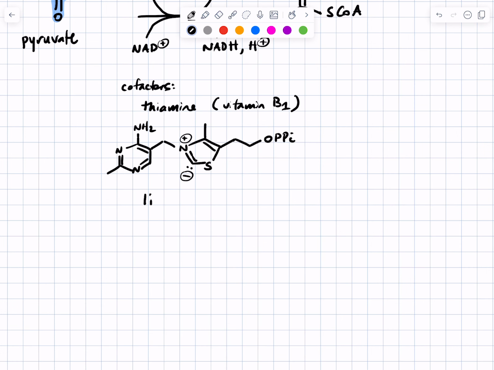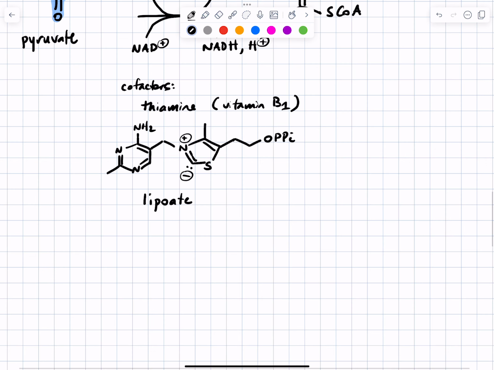Second cofactor is called lipoate. This is also kind of weird. It's got a 5-membered ring with a disulfide in it, and then a hydrocarbon chain with a carboxylate group that's attached to the epsilon nitrogen of a lysine side chain.